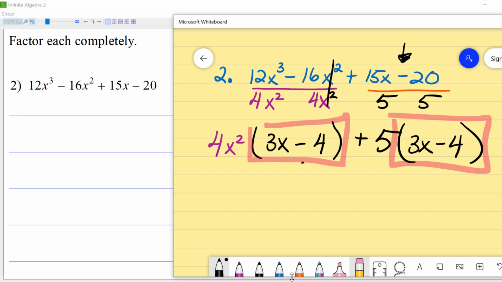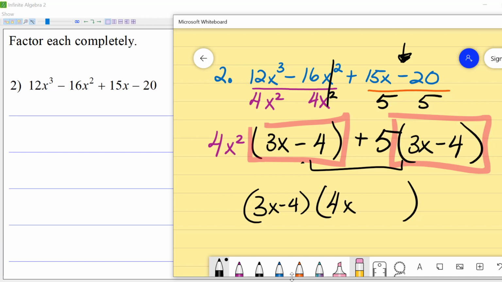So now I've got these two parentheses right here that are exactly the same, so that's the GCF. And I didn't write the box on purpose that time. You should be leveling up at this point. So it's 4x squared, which is what's left over. And then you would definitely want to check this x squared to see if it factors, but it doesn't, so you're good.